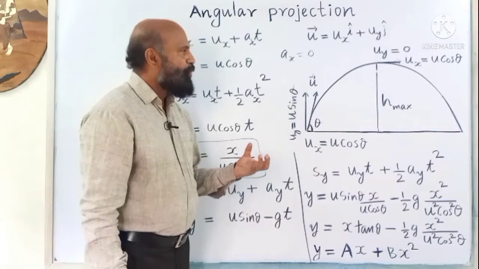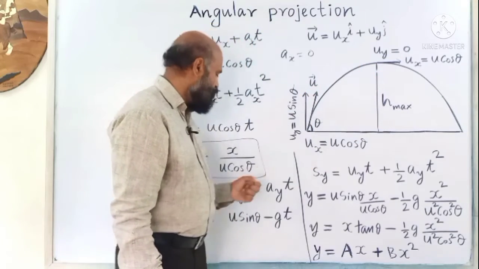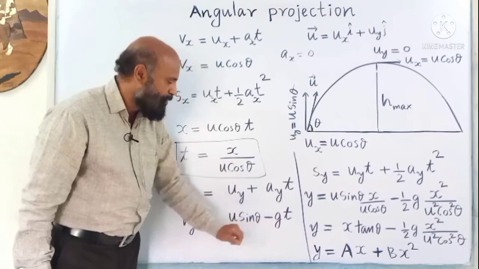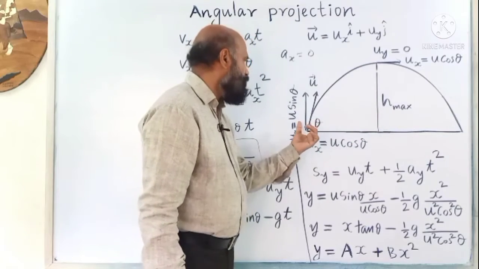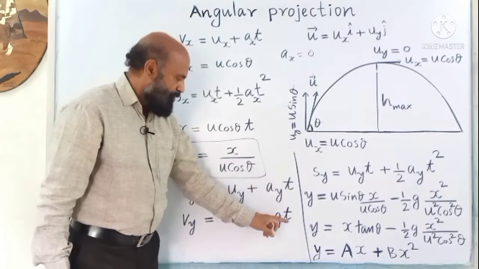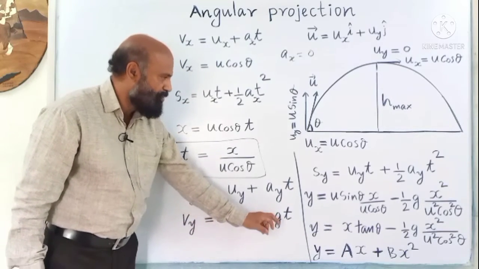Acceleration due to gravity is in the downward direction and motion is in the upward direction. So instead of ay you can write minus g, since acceleration is opposite to the direction of the motion. So vy is equal to u sin theta minus gt.